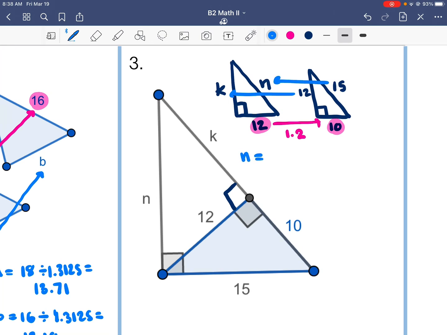So multiplying by that value, N is going to equal 15 times 1.2, which is 18. That's good. And then K is going to be 12 times 1.2, which is 14.4.